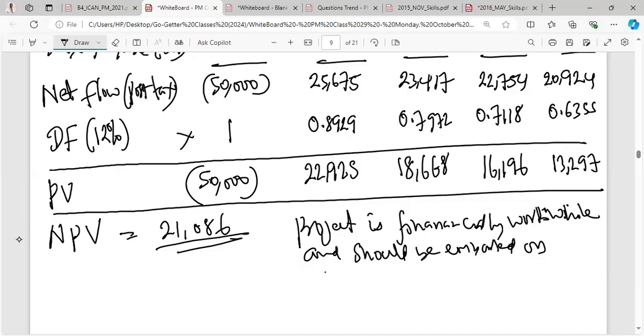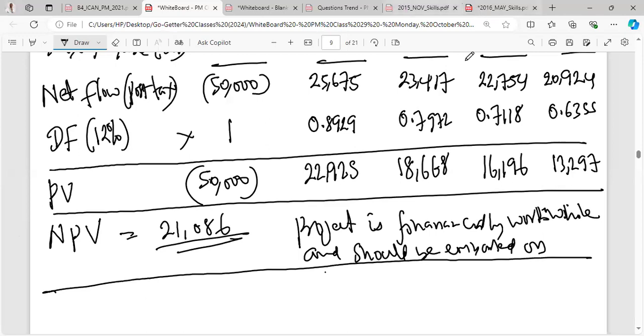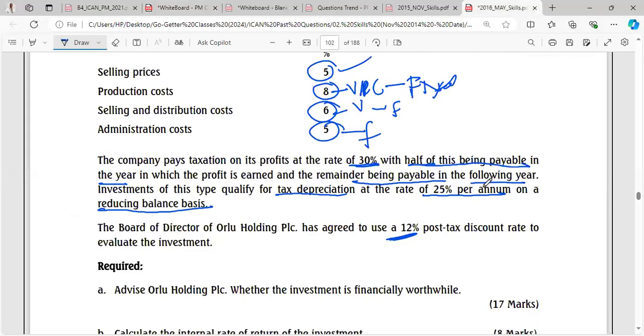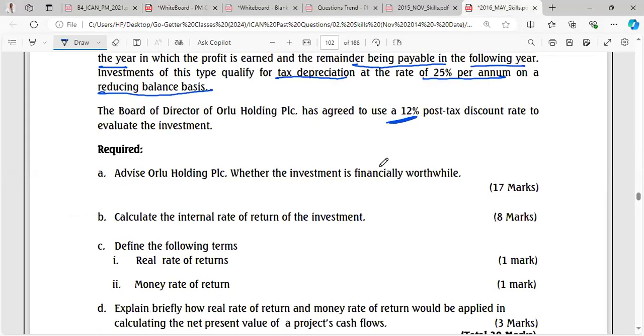Because the NPV is a positive one. The NPV is a positive NPV. Okay, so now we have done this 17-mark question that asks us to look if the investment is financially worthwhile. We say yes, it is.